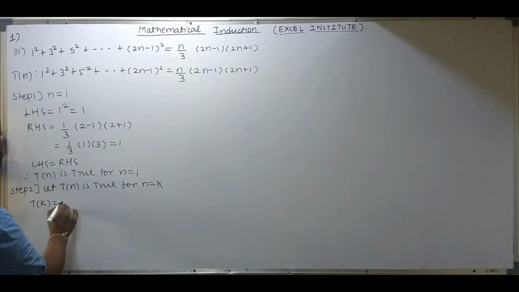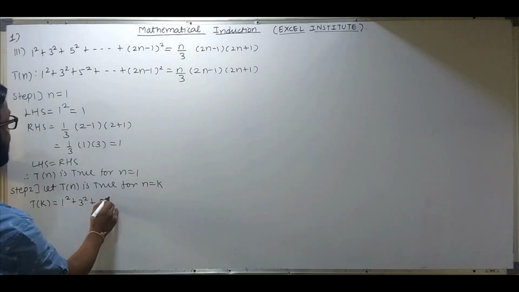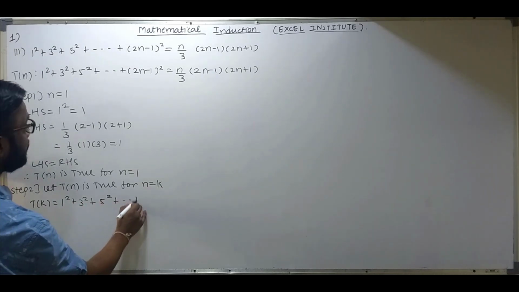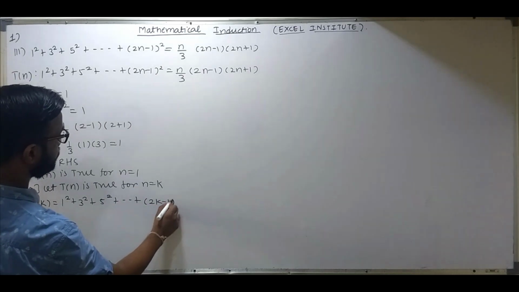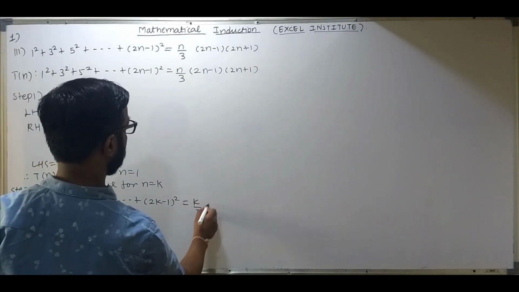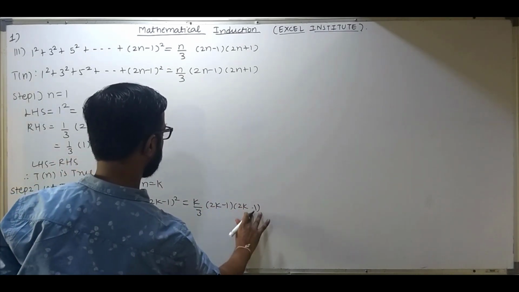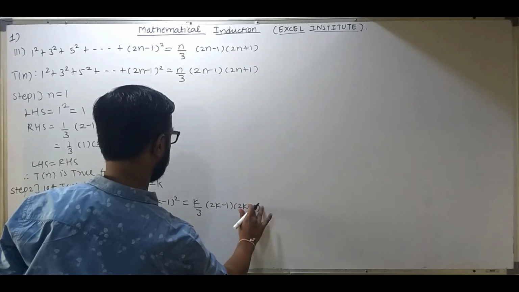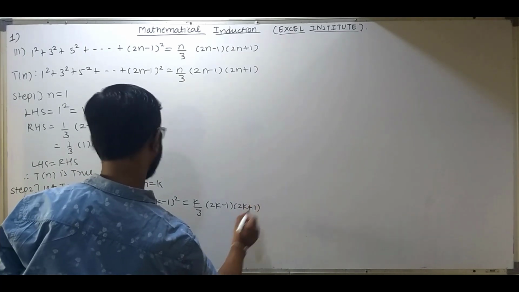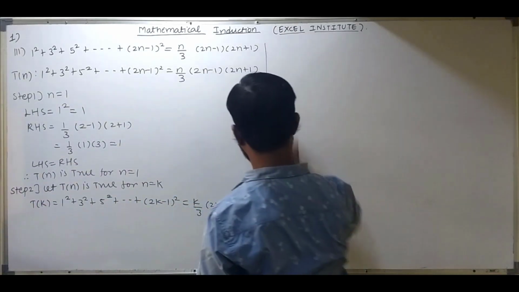T of k is equal to 1 square plus 3 square plus 5 square up to 2k minus 1 whole square, is equal to k by 3, 2k minus 1, 2k plus 1. Okay, till here you understood, beta? Understood till here?